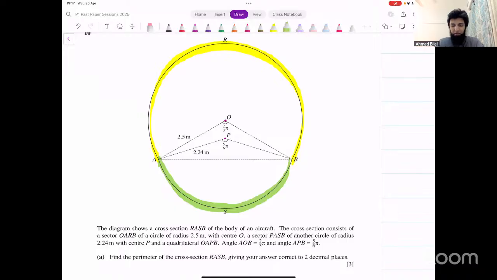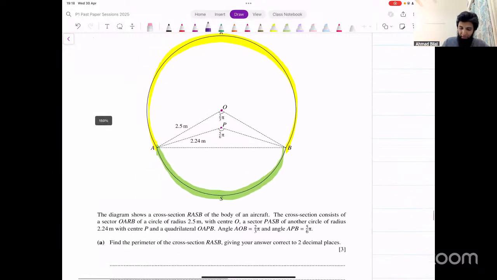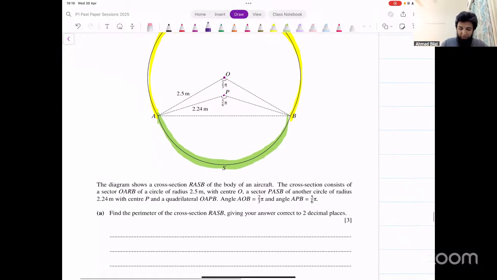These are arc lengths. Can we find these arc lengths? We've got the angles given as well. Let's find the arc ASB first of all, the green one. S equals r theta, radius is 2.24 for this arc, and the angle is 5 pi over 6. So 2.24 into 5 pi over 6, and that will give you something.